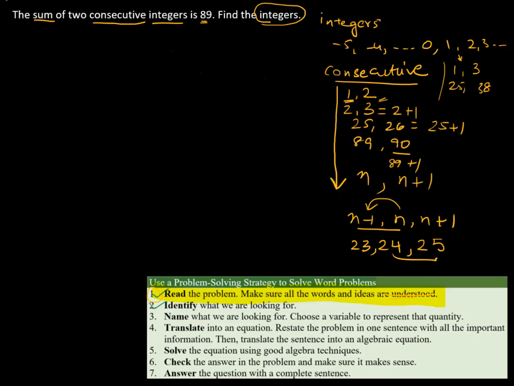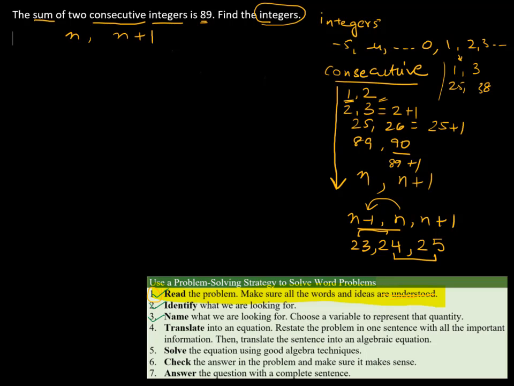So 24 and 25 make one set, and 23 and 24 also make two consecutive integers. Okay, so let's name the integers. We say let's take one as n and the other as n plus 1. Okay, let's go to the next step.